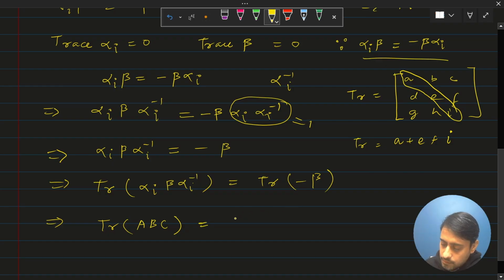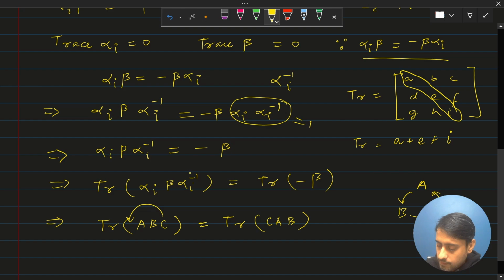If you take C as the first term, then C, then A, then B. You can replace in cyclic order one by one. So these two are equal.